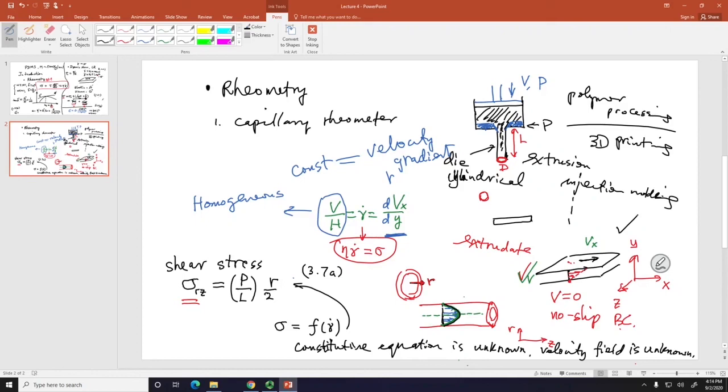So for anyone, like Alex and Daryl, who knows about rheology before, this is how we can make progress. We assume we know the velocity field. If we don't, we'll be in the same darkness as the capillary, where we can't use it to determine anything because we wouldn't know how to compute.